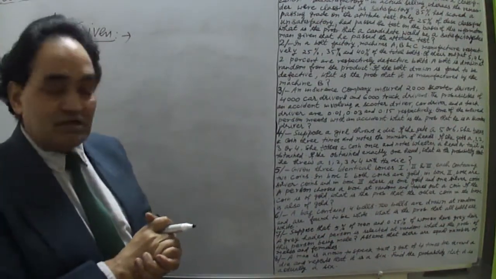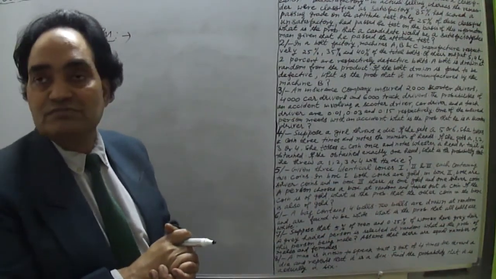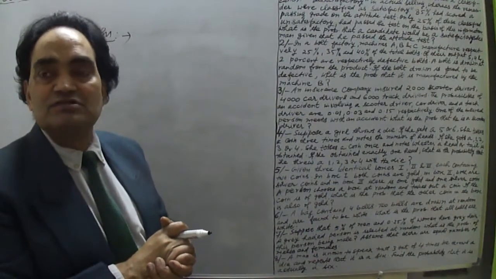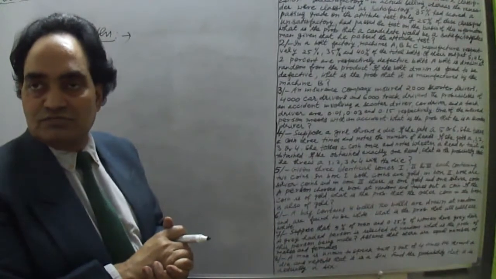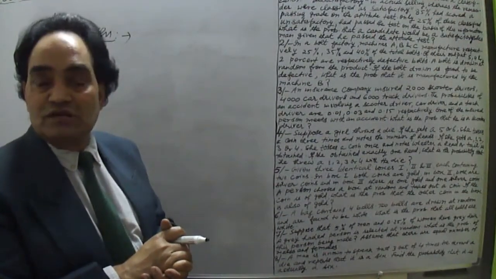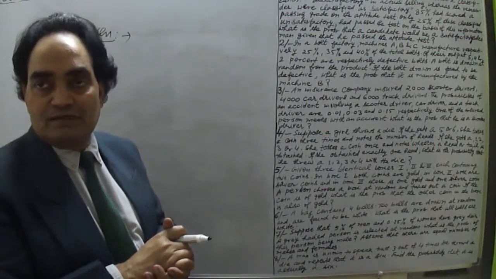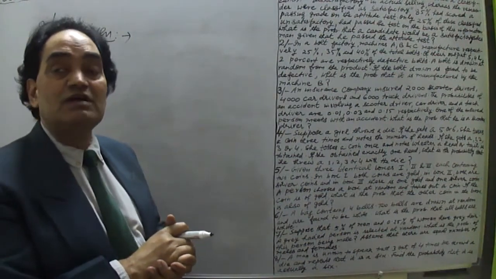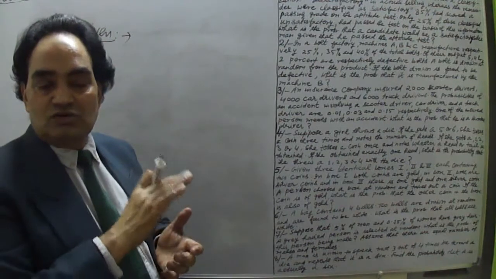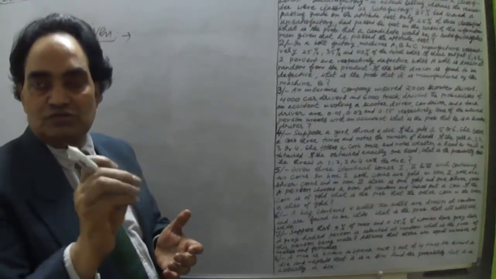In the second case, it can be that 6 doesn't appear, but he says 6 appears. That means he is telling a lie, with probability 1 upon 4. If 6 is not appearing, then other numbers are appearing, which are 5 numbers: 1, 2, 3, 4, 5.